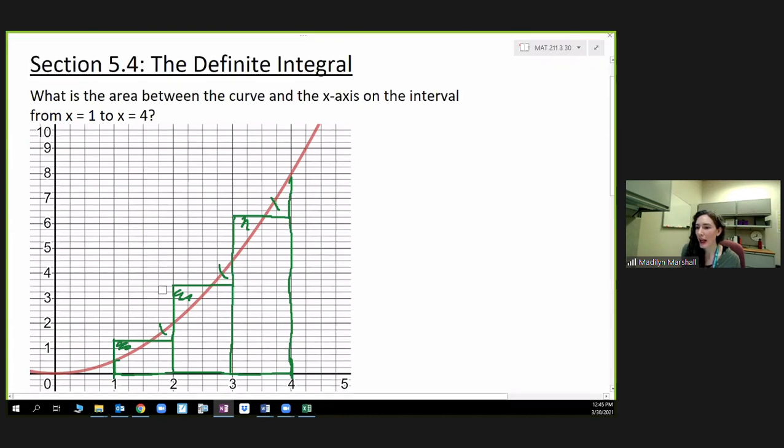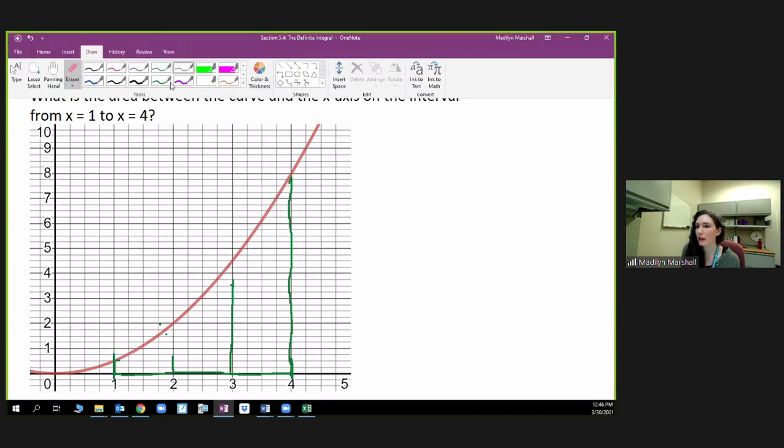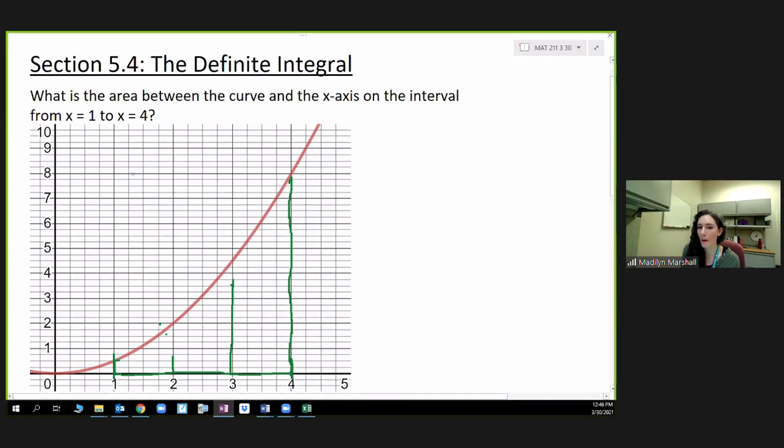If we wanted to get a better approximation, we could just make more rectangles. So instead of making 3 rectangles, maybe I would try 6 rectangles. So I could make a slightly better approximation by fitting 6 rectangles around this curve.